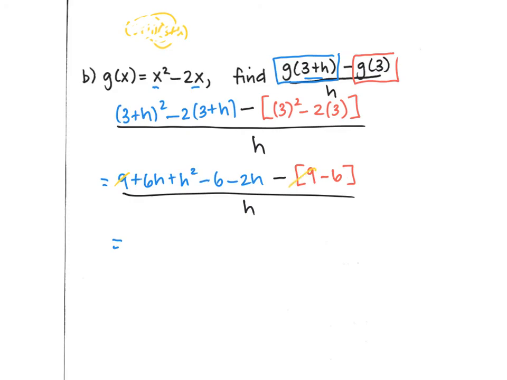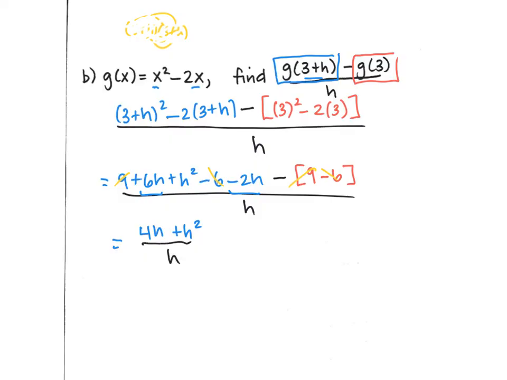Let's see, I see a 6h and a minus 2h, so that's going to be 4h plus h squared. And then I have a minus 6 minus negative 6. So that's going to cancel to nothing because negative 6 plus 6. And then the entire equation is over h.